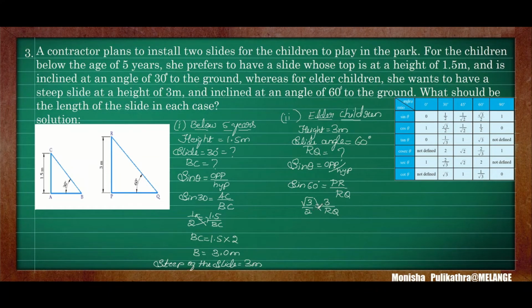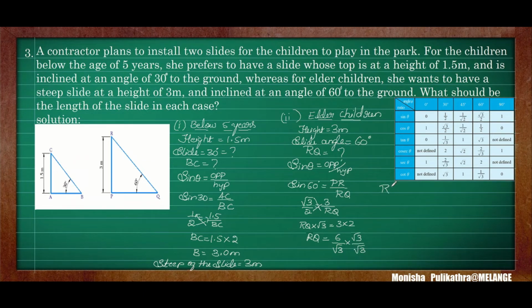Okay, again by cross multiplication, that is RQ into root 3 is equal to 3 into 2. So RQ is equal to 3 2s are 6, and this root 3 I will be writing here. So next, since 6 by root 3 is there, we can rationalize it by root 3 by root 3.